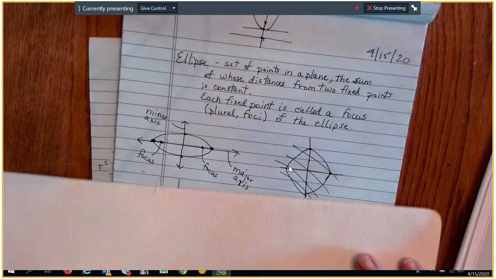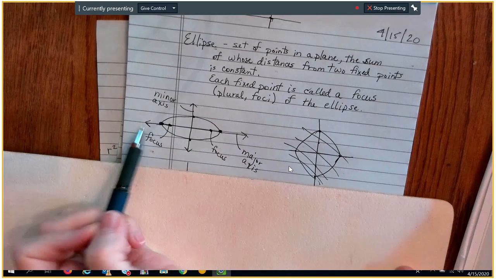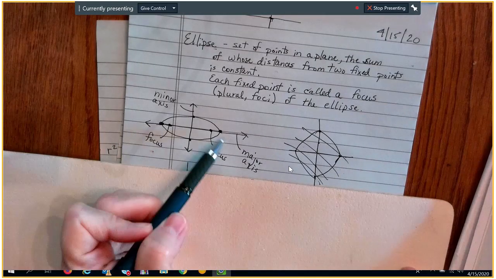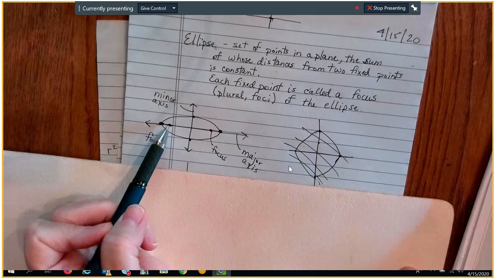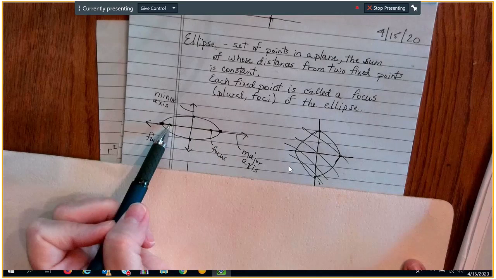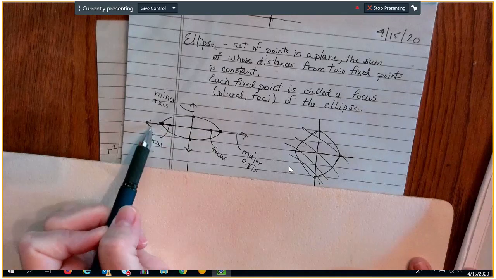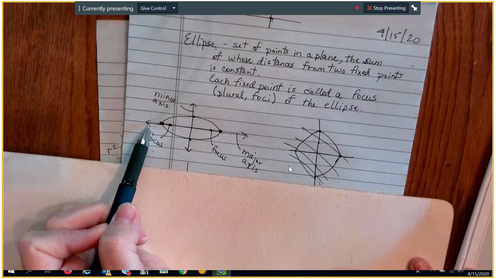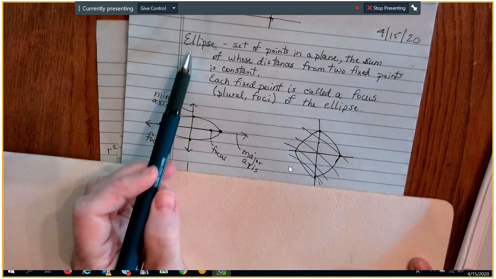So instead of having these 2 points now, we have on an ellipse, on our x and y axis, our vertex, and we still have a focus here, but we also have another focus here. We have a major axis and a minor axis on all ellipses.